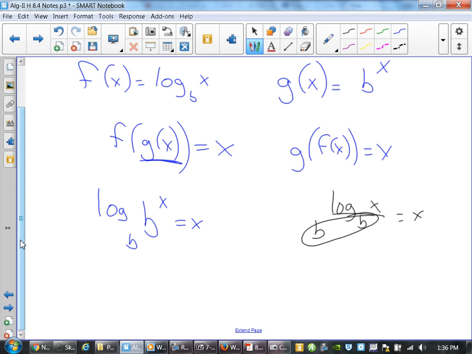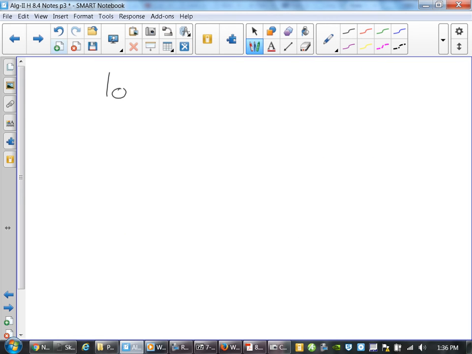And this is what allows you to do something like this. You have the log base 3 of 9 to the x. If I want to simplify that, I'm going to try and rewrite 9 as a base 3. How do you rewrite 9 as a base 3? 3 squared.